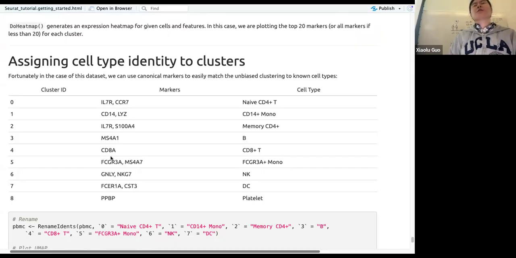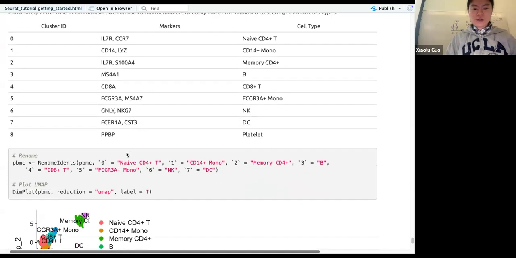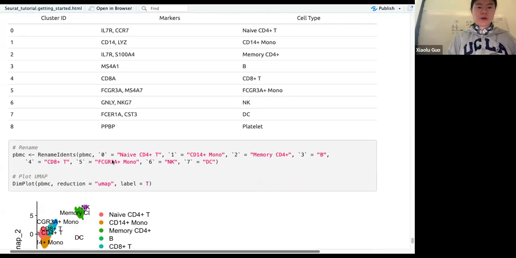For example, some subtype or new cell type that's not well documented in the library, but you know this should be specific to this immune cell type. You can use your own knowledge and the library, and also use some AI chatbot like ChatGPT to help you identify the cell markers.